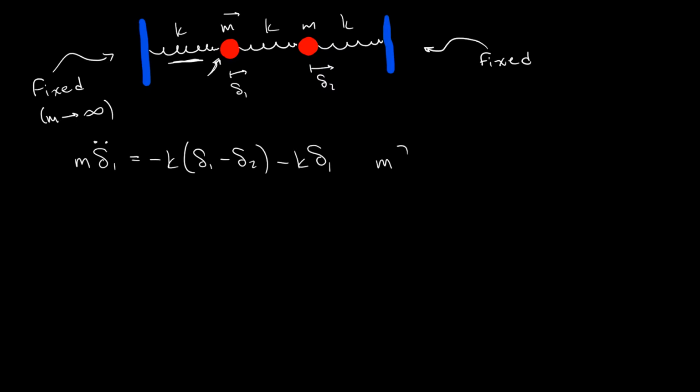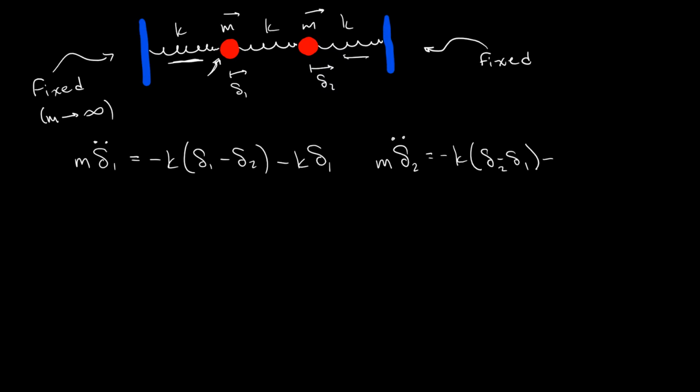And we have a similar story for delta 2, where we have the equal and opposite force. And then again, if I push mass 2 to the right, it's going to compress this spring, and so the spring's going to push back to the left.